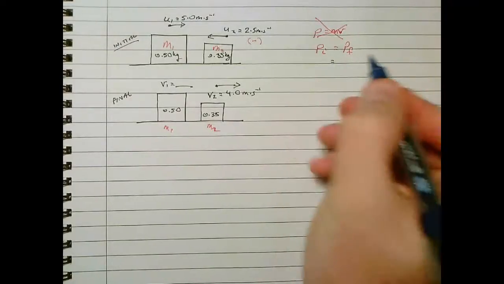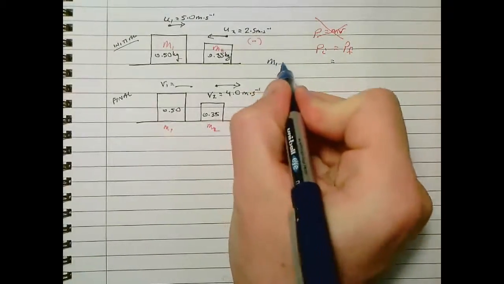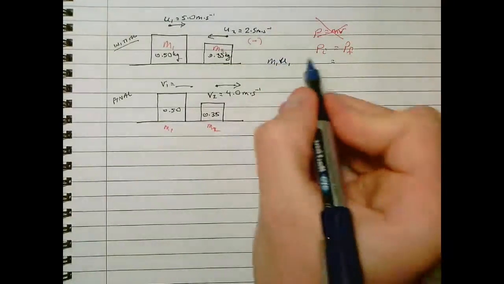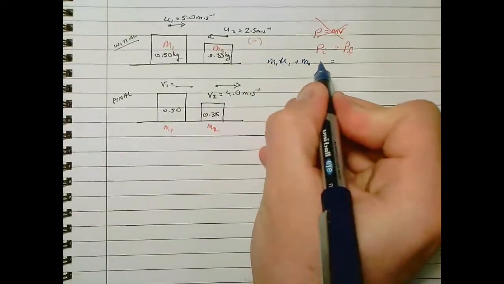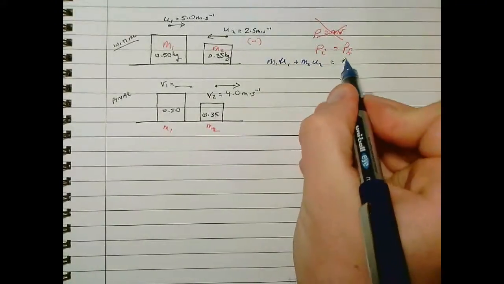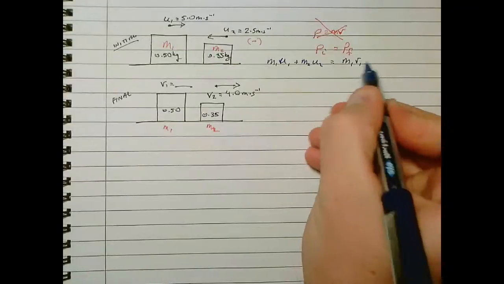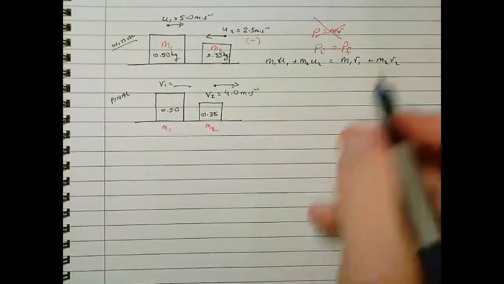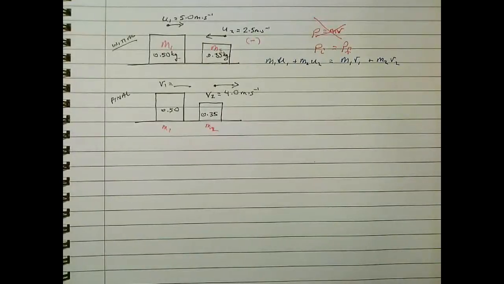So to set up our equation, we have m1 multiplied by our initial velocity 1, in addition to mass 2 times its initial velocity 2. For our final momentum, mass 1 times final velocity 1, plus mass 2 times final velocity 2. I'll just highlight what it is that we are trying to find.